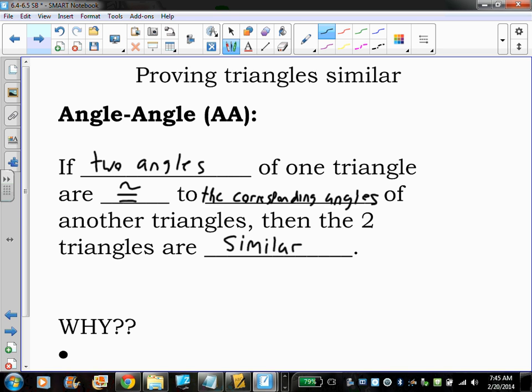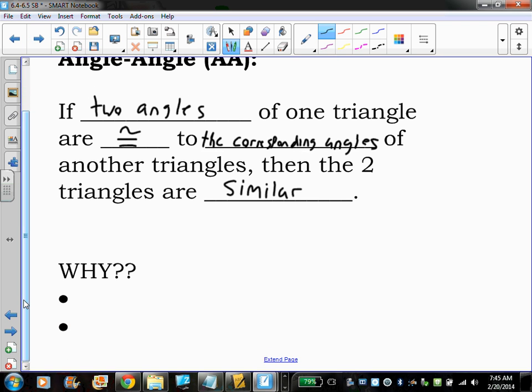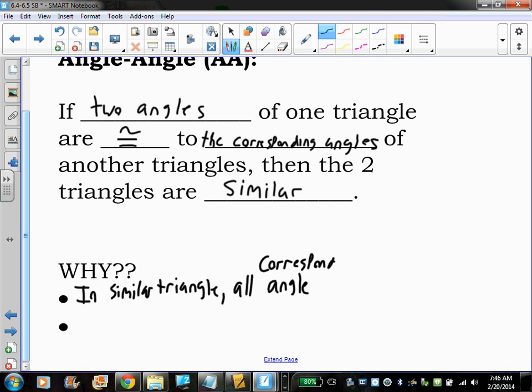Now you may be wondering why we can say this when we only know that two of the angles are congruent between the triangles. It becomes clear when we look at two things. First of all, in similar triangles, remember that all angles, and I should specify corresponding angles, are congruent.